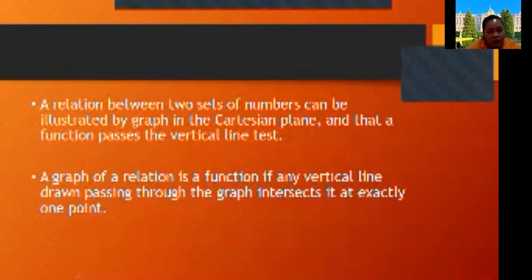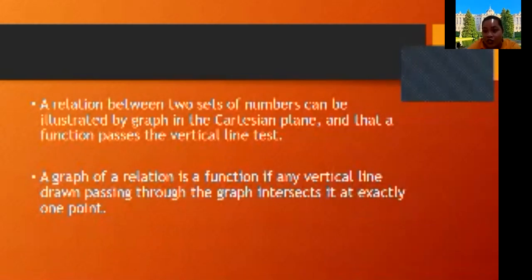A relation between two sets of numbers can be illustrated by the graph in a Cartesian plane. And that function passes the vertical line test. Ato ning ma-apply if the given is a graph. A graph of a relation is a function if any vertical line drawn passing through the graph intersects it at exactly one point.